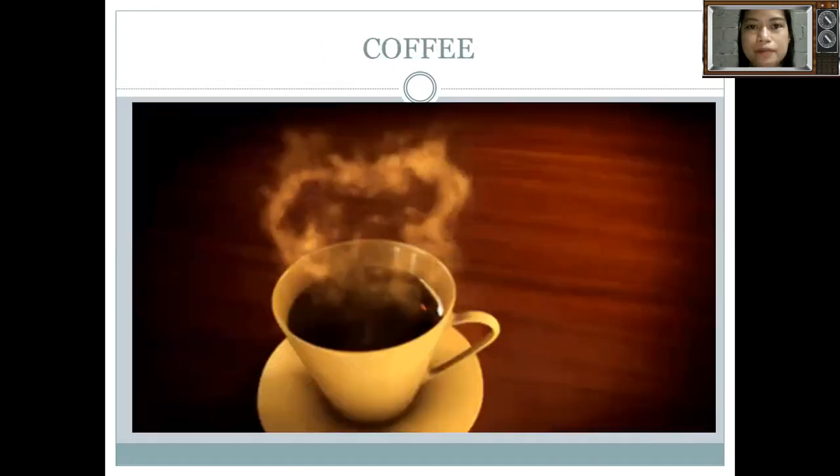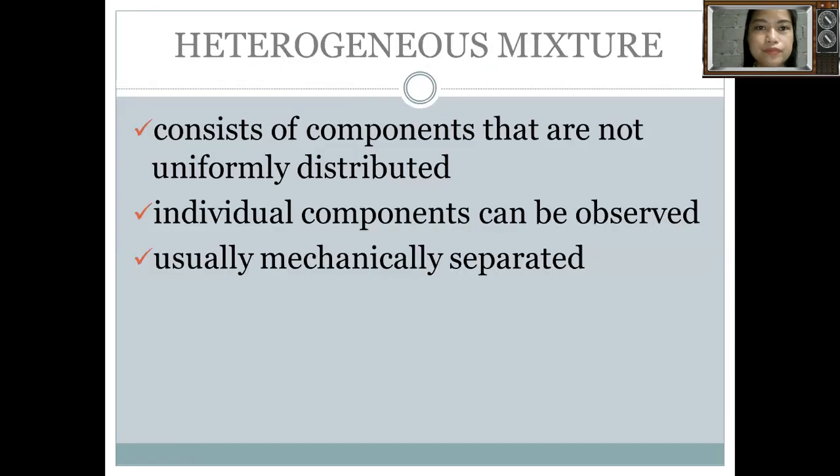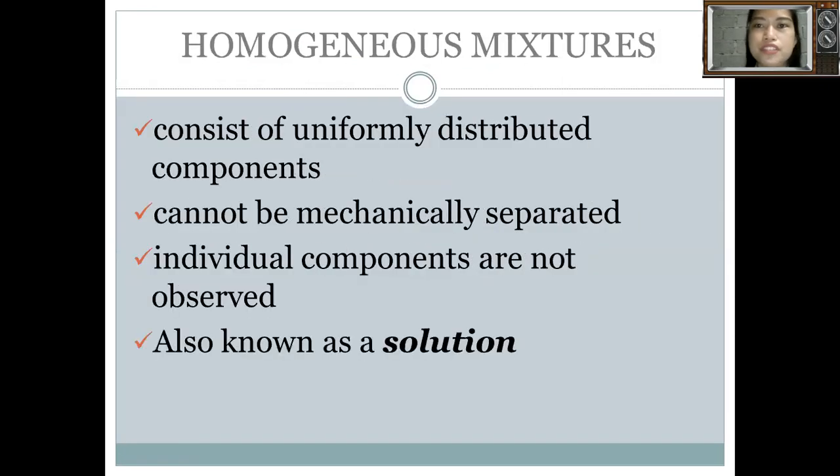While a homogeneous mixture consists of uniformly distributed components. When we say uniform, there is just a single phase from start to finish. It cannot be mechanically separated.